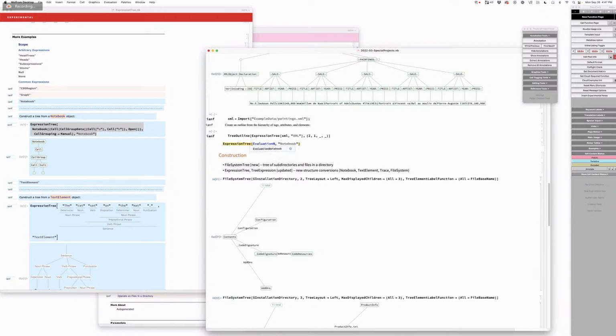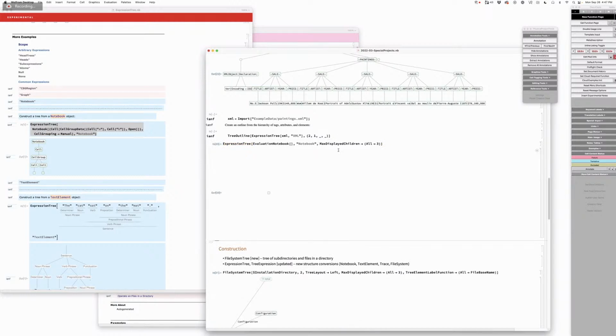Oh boy. Wasn't very helpful. What happened there? Oh, you need to do notebook get on evaluation notebook. That should probably work though.